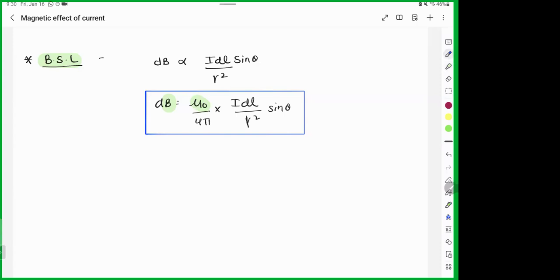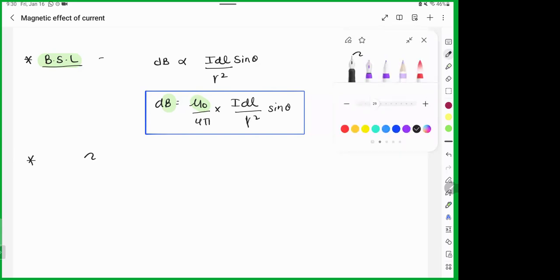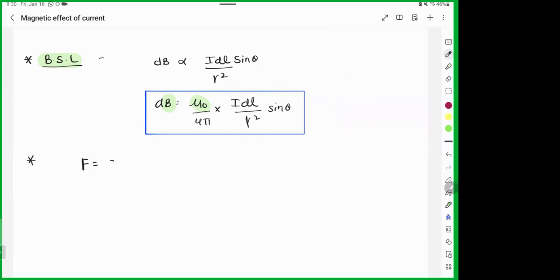And through this, I remember that we had a question, the very first question of the day. Force is equal to QVB sin theta. Charge, what is the velocity? Length upon time. B sin theta. Okay. So what is charge upon time? Current.